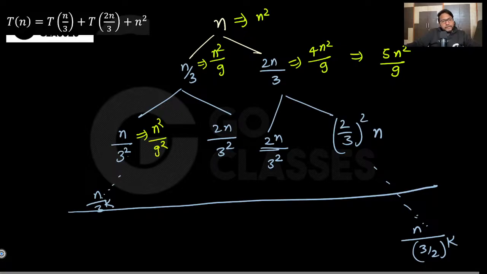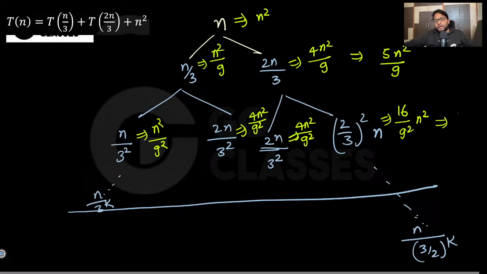Here we are doing 4 n square upon 9 square. Again here 4 n square upon 9 square. Here, this is already a square, which is 4 upon 9, so we are doing 16 upon 9 square n square, right? If you sum all of this, this is going to be 25 upon 9 square, or maybe 5 upon 9 square n square. So you are doing n square, then 5 upon 9 n square, then like this, right?